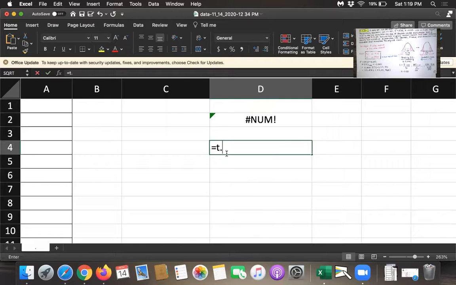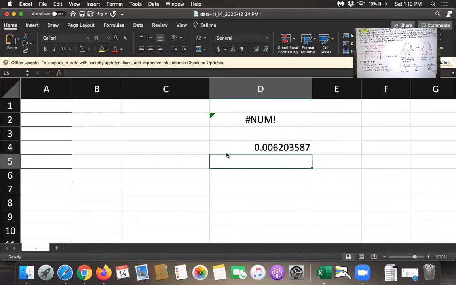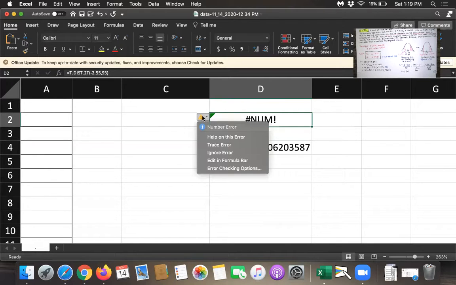How about t.dist? Negative 2.55, 93, and true. Okay, so I guess that one is working just fine. I don't know what's wrong with the other one. Let's see, what does this error message say?